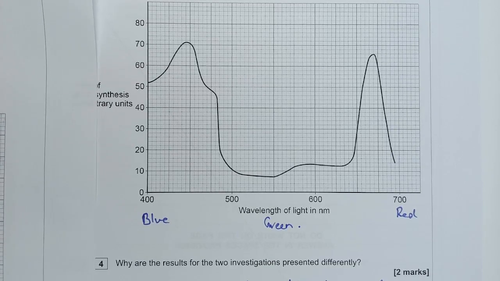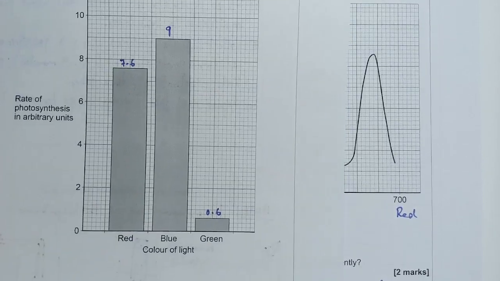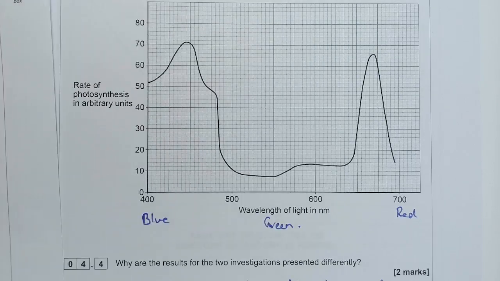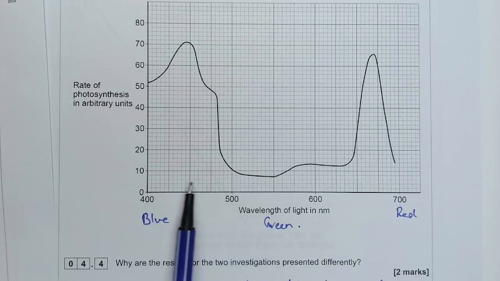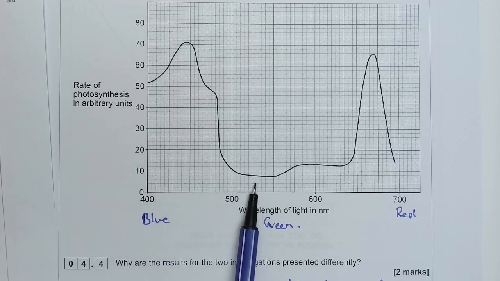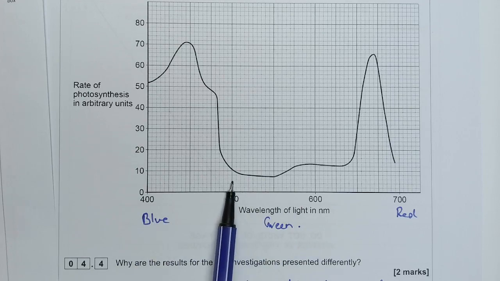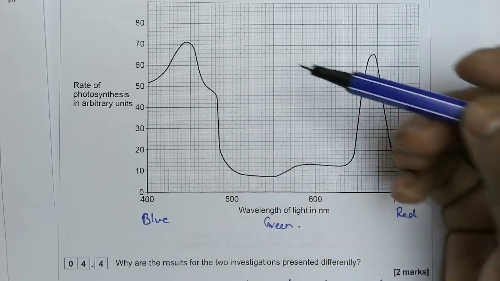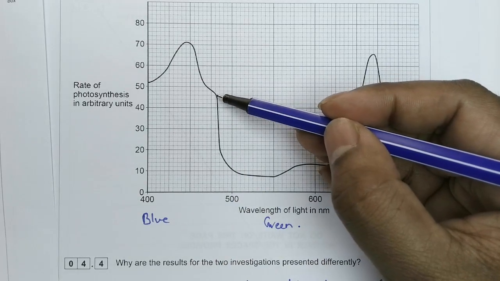The green light was when the rate of photosynthesis was about 0.6. If you were to measure it here, it's very hard to measure 0.6. That's basically between these points, where you can actually see the rate of photosynthesis is falling.